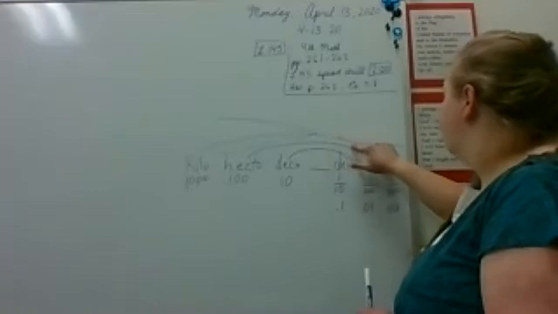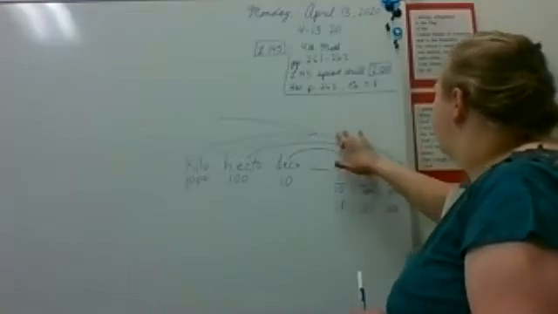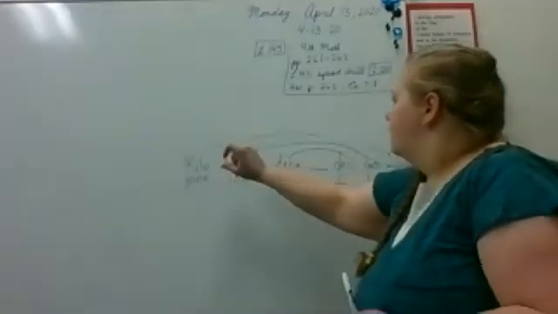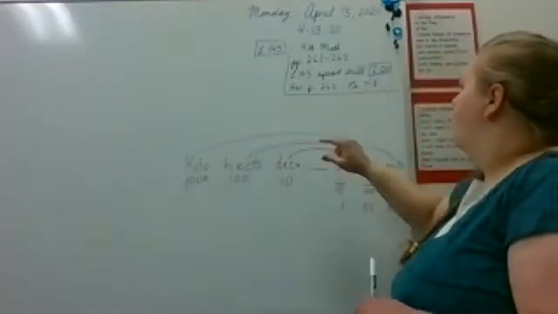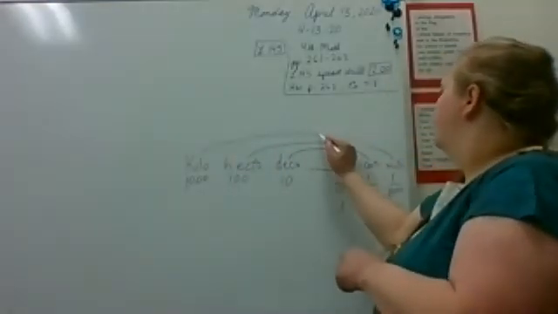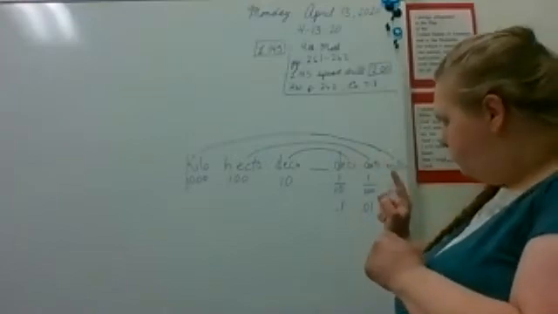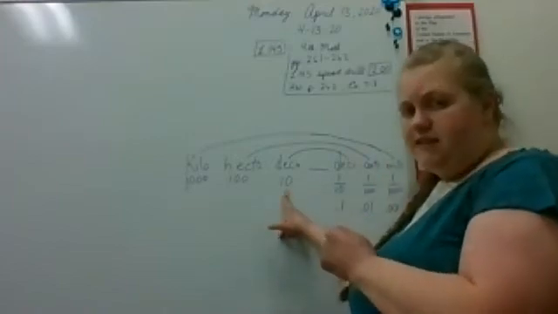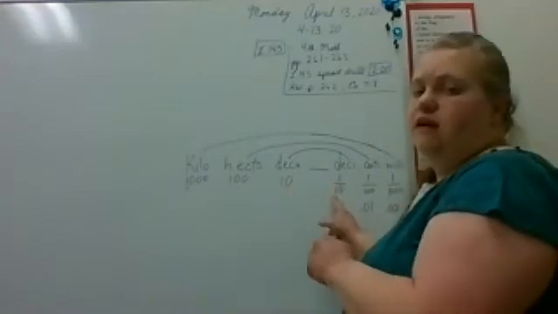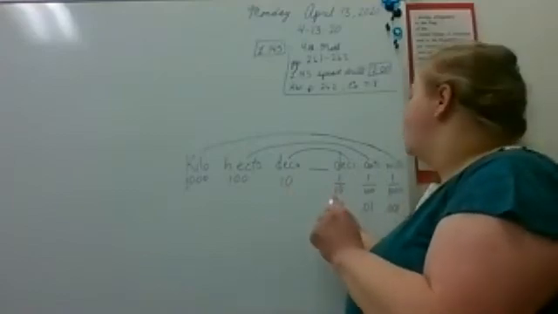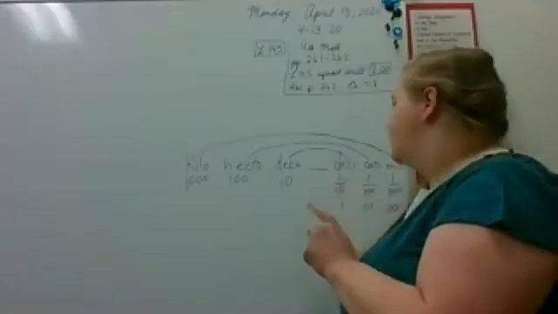I'm gonna erase these arrows. So deca means 10, deci means 10, but it's 1/10, okay? So it's the fraction.